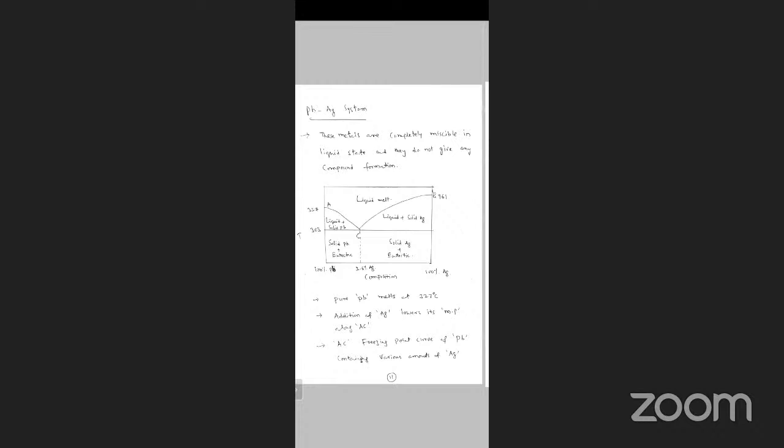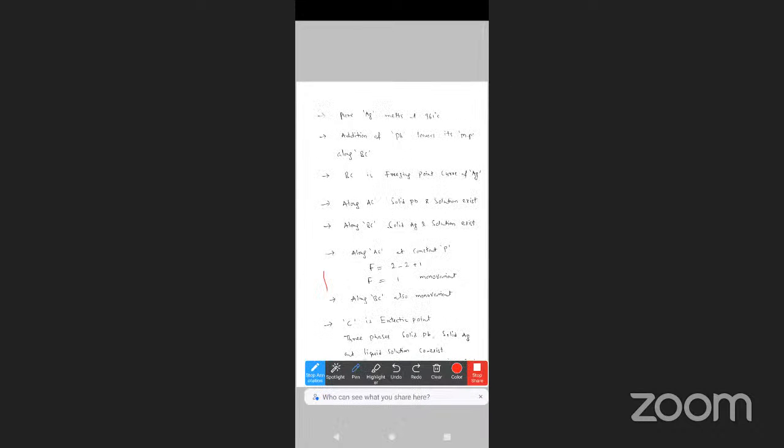In this, ammonia and HCl on the product side, so this and this one phase. The mixture is one phase. Okay, this is solid.